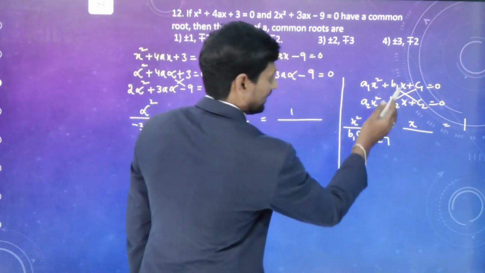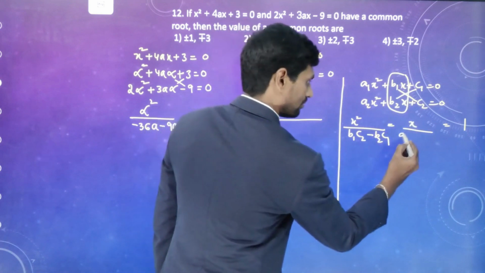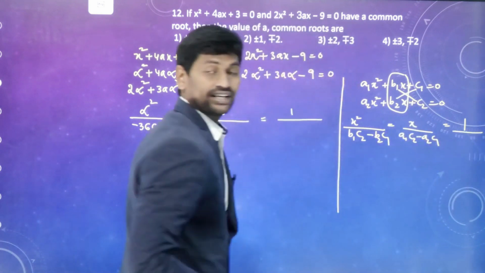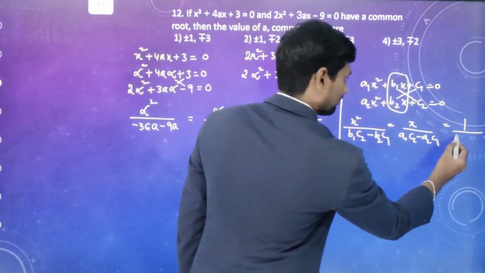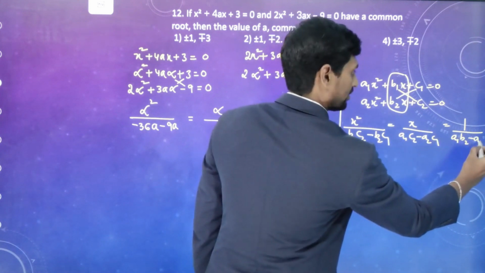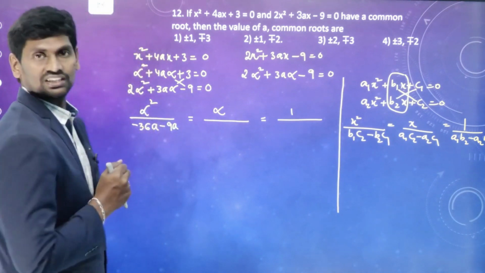X by, except that means closing the x term, a1c2 minus a2c1. Middle minus we should take. Same way the constant term, leaving the last, a1b2 minus a2b1. Like this we should compare.